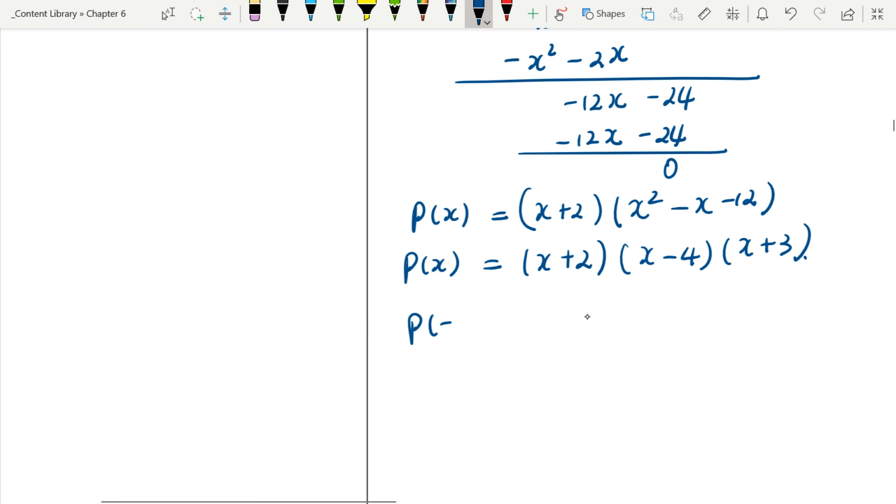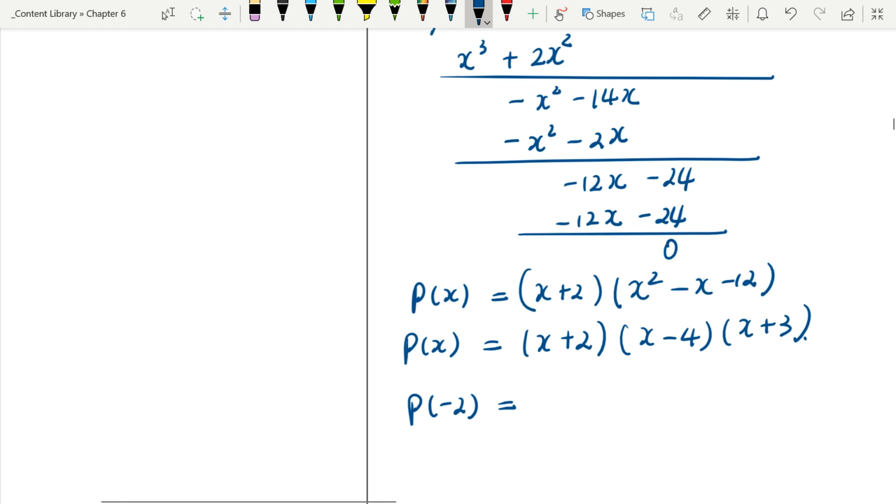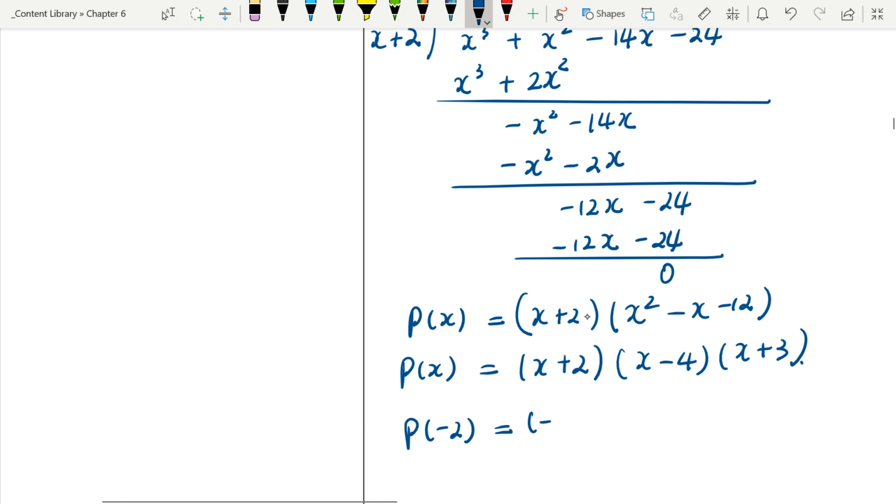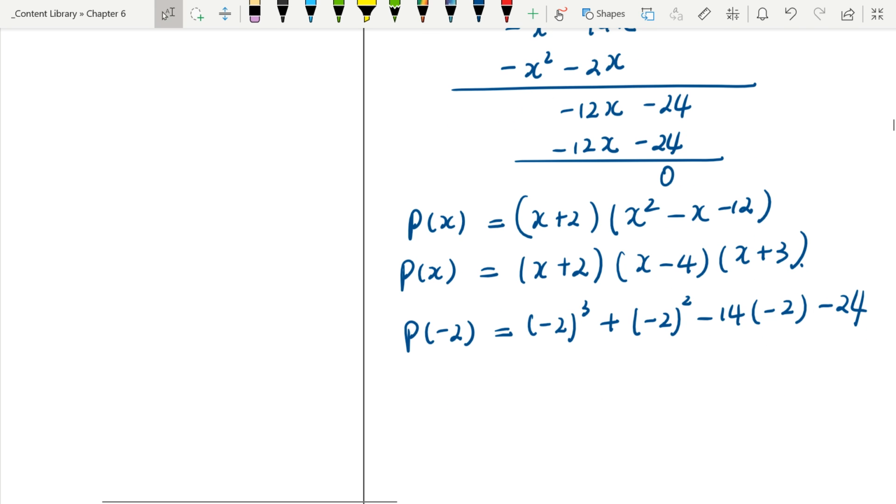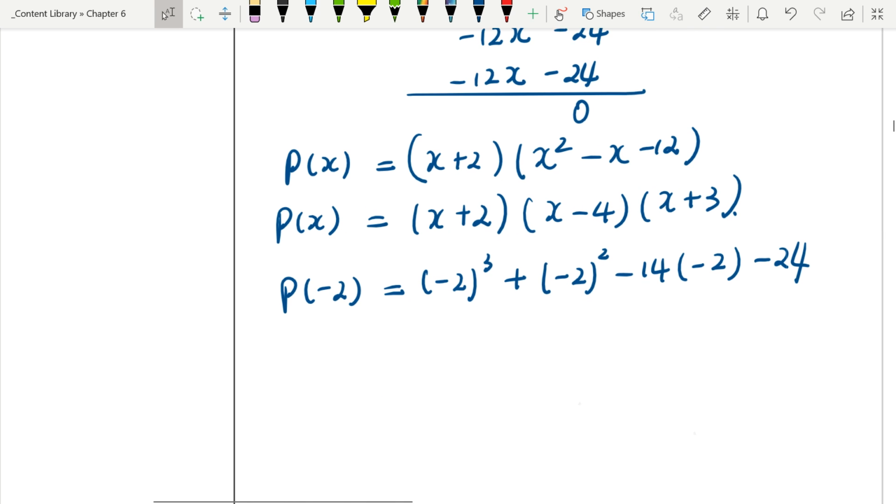So p of negative 2 equals, the original equation is x cubed, so it's negative 2 cubed plus negative 2 squared minus 14 times negative 2 and minus 24. I'm not going to use the factorized form because it's something I worked out. If I got something wrong in that, I will get the wrong result. But if I use the most original one, I will make sure I can calculate the right value.